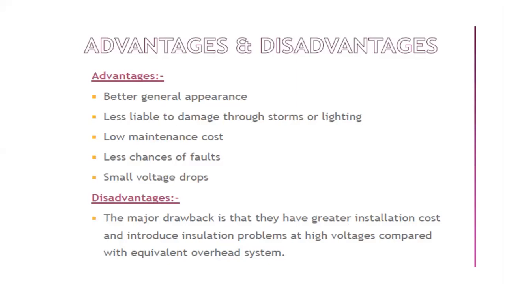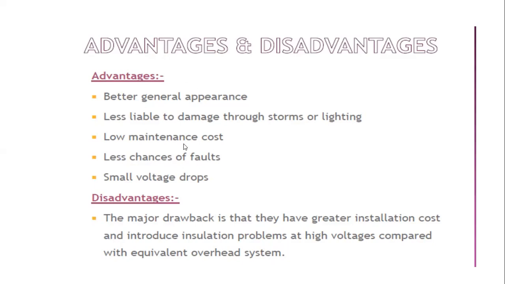Because the cable will be placed deep in the earth, and due to the soil and the moisture in the soil where we erect the cable, we use high quality insulation for those cables. These are the major disadvantages of underground cables. There are also insulation problems at high voltages compared with equivalent overhead systems.